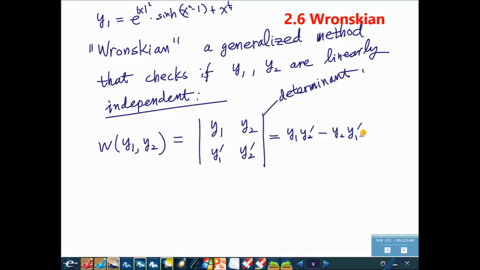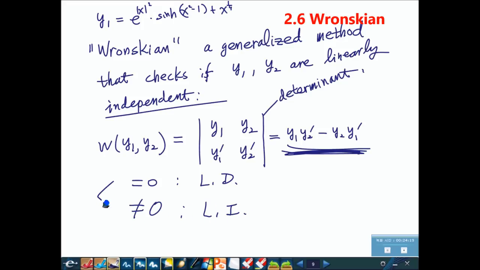Wronsky is a Russian mathematician, I guess, and he suggested this method to check if functions are linearly independent or not. If the calculation becomes 0, then it's linearly dependent. Not 0, then it's linearly independent.